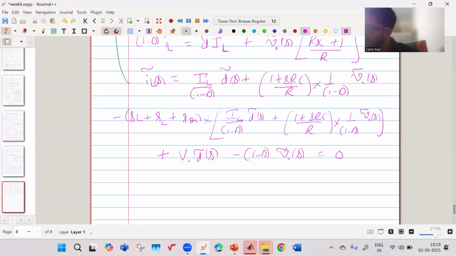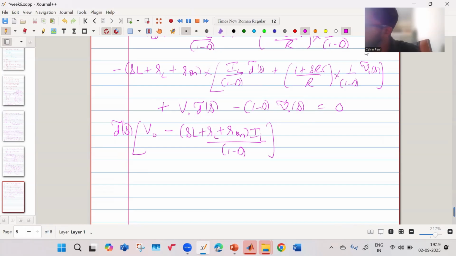Now, we have to simplify this. So what we do is we take the terms which are common for duty perturbation on one side. So D per term of S is equal to this V output minus of SL plus RL plus R1 into IL upon 1 minus D. This is one part.